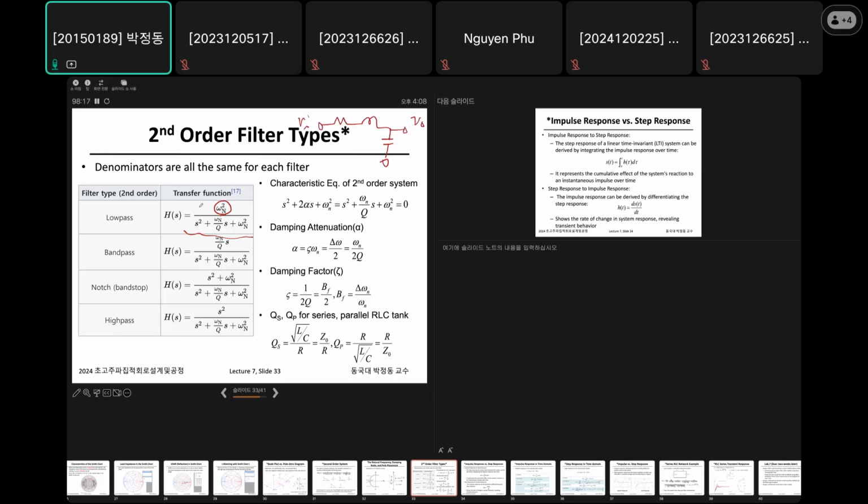In the same way, the band pass filter is expressed this way. The denominators are all the same. Band pass is omega n divided by Q times s. Notch is s squared plus omega n squared, high pass is s squared. This notch is like this, right? This is a low pass plus a high pass.